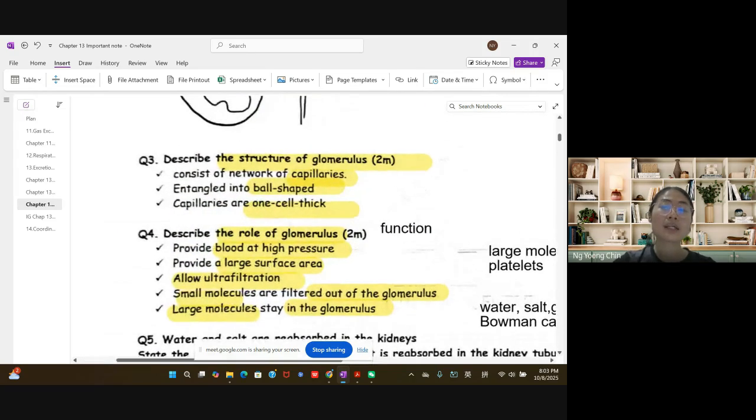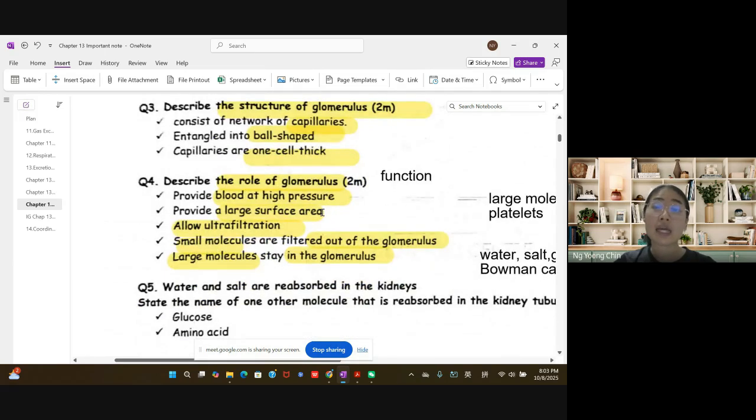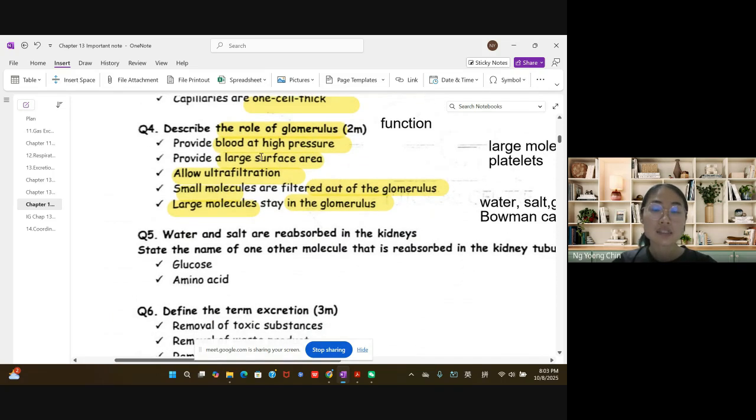For the glomerulus, you need to know how to write the structure. It's a capillary, ball shaped and very thin, just like the alveolus, very one cell thick. They provide the blood at a very, very high pressure. Do you know why they are able to provide the blood at a very high pressure?